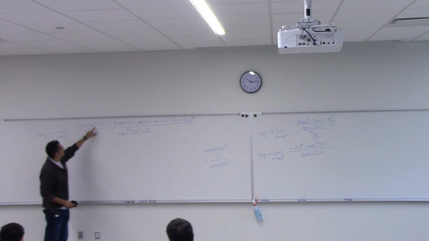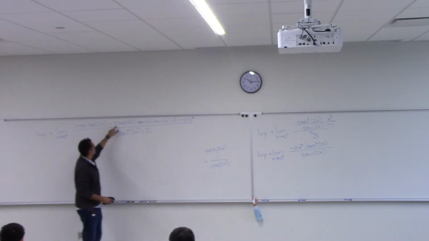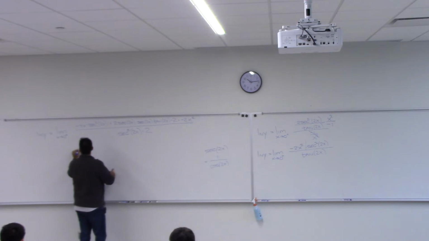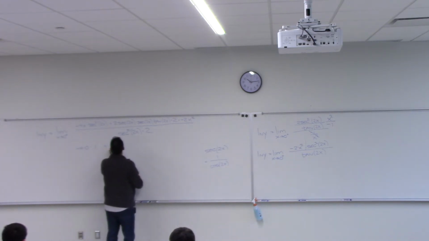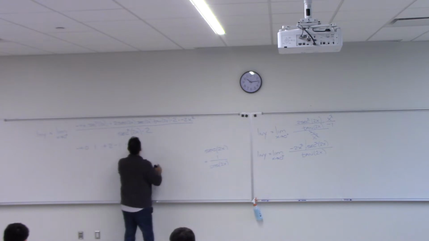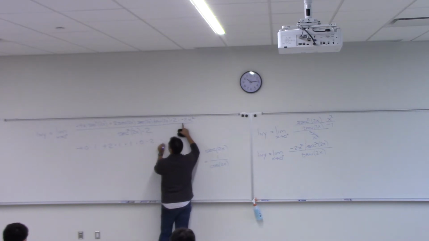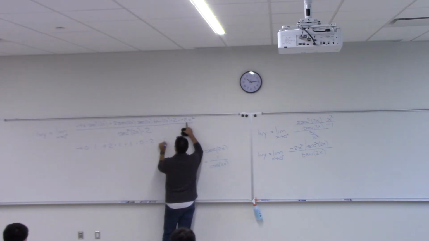0? What's that when we plug in 0? 1? Here? 1? Well, okay. Let me do it this way. Negative 4 times 0 times 1 plus 2 times 1 times 1 times, wait, what's this? Tangent of 0, 0 times 2 times negative 2 times 0.